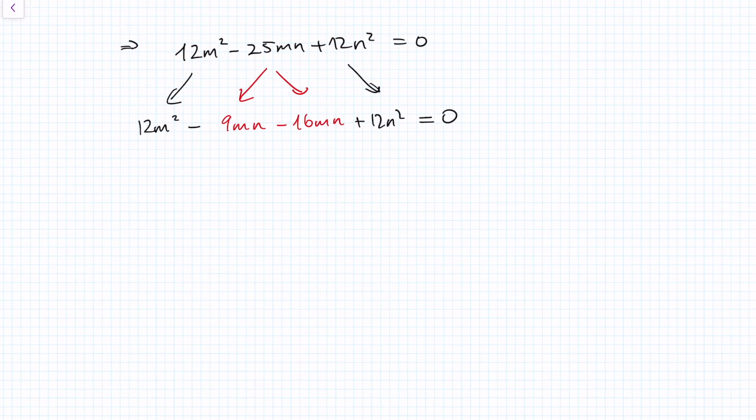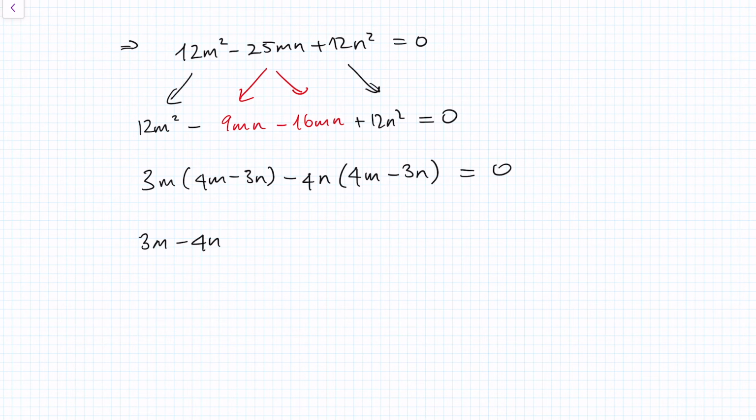If we factorize it pairwise, we take 3m outside, so we have 4m minus 3n, and we expect the same factorization here. If we take minus 4n outside, that's what we get, so we have 3m minus 4n into 4m minus 3n, which is equal to 0.